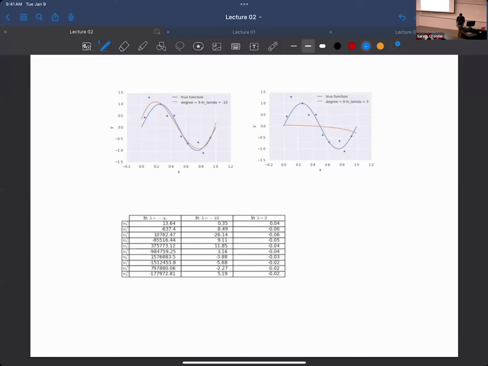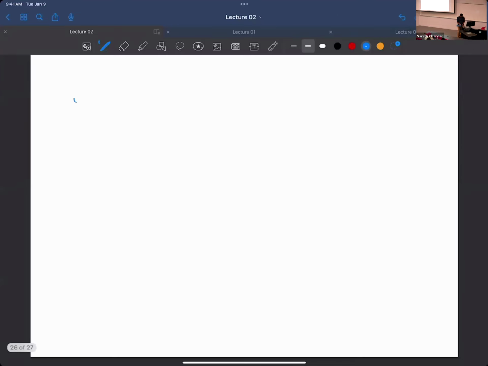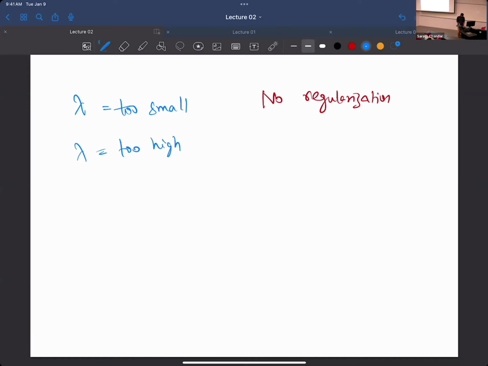Okay, so if I have to summarize this discussion: when lambda is too small, there is no regularization happening. If lambda is too high, then it's going to create too much regularization.